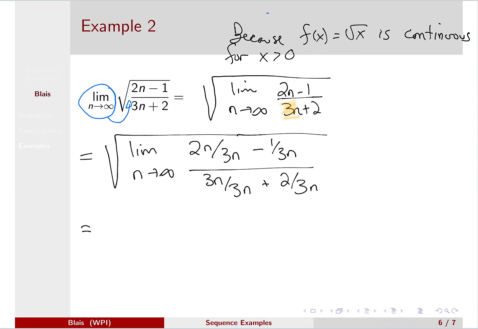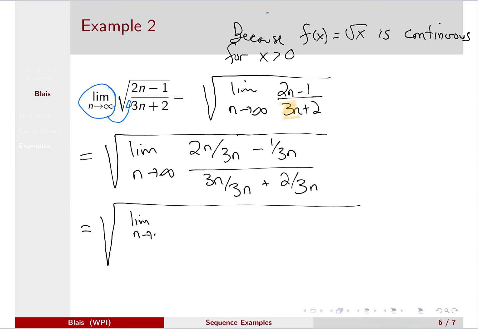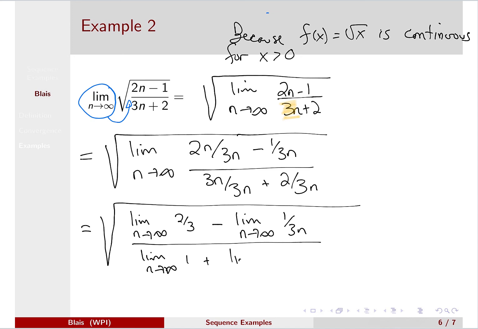And application of our limit laws tell us that we have in the top, the limit as n goes to infinity of 2n over 3n, which simplifies to 2/3, minus the limit as n goes to infinity of 1 over 3n, over the limit as n goes to infinity of 3n over 3n, which is 1, plus the limit as n goes to infinity of 2 over 3n.